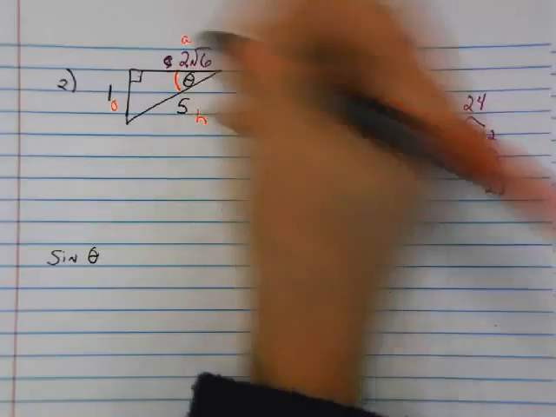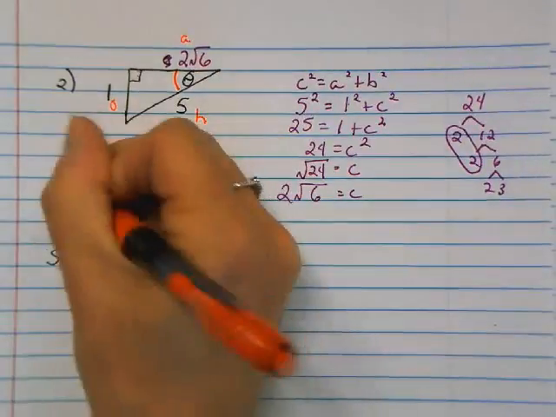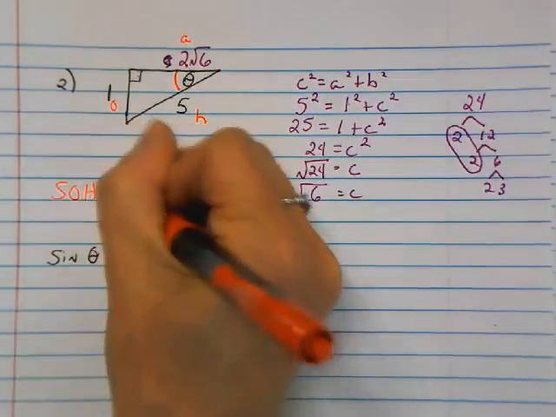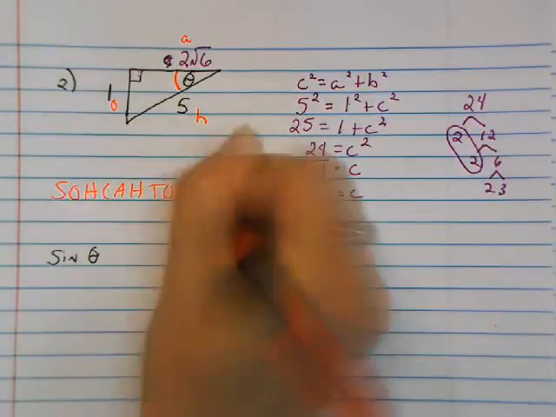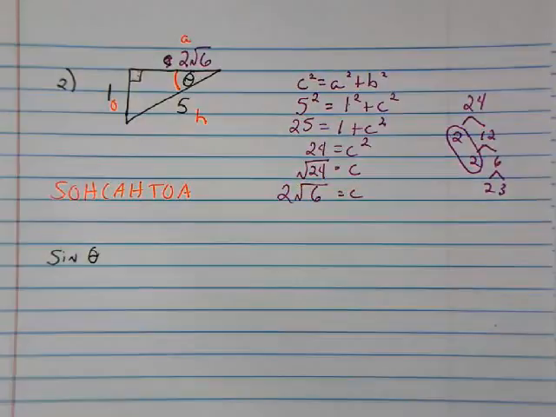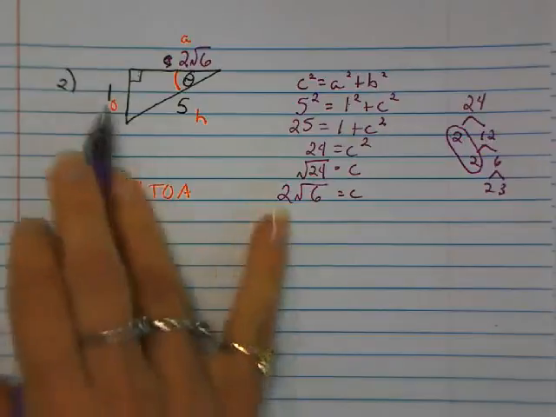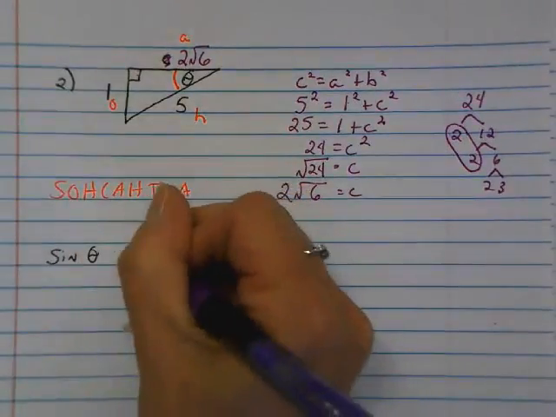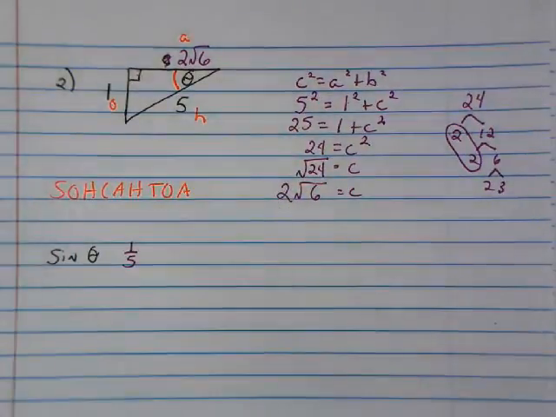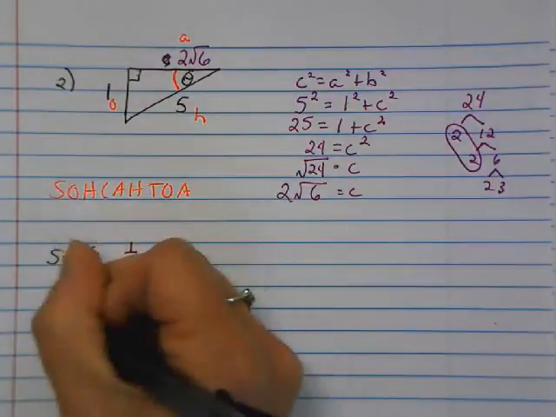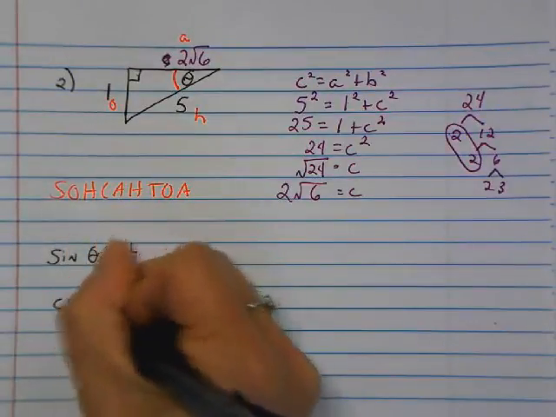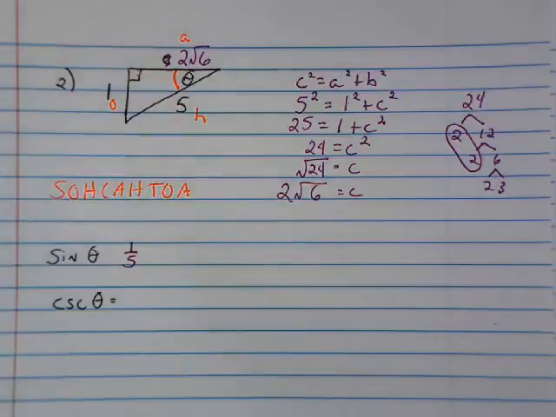Okay, if you need to, write your little memory device. So sine is O and H, so 1/5. Now if you want to, you can go ahead and get his reciprocal function at the same time. So I know that the cosecant will be the reciprocal, and it will be 5.